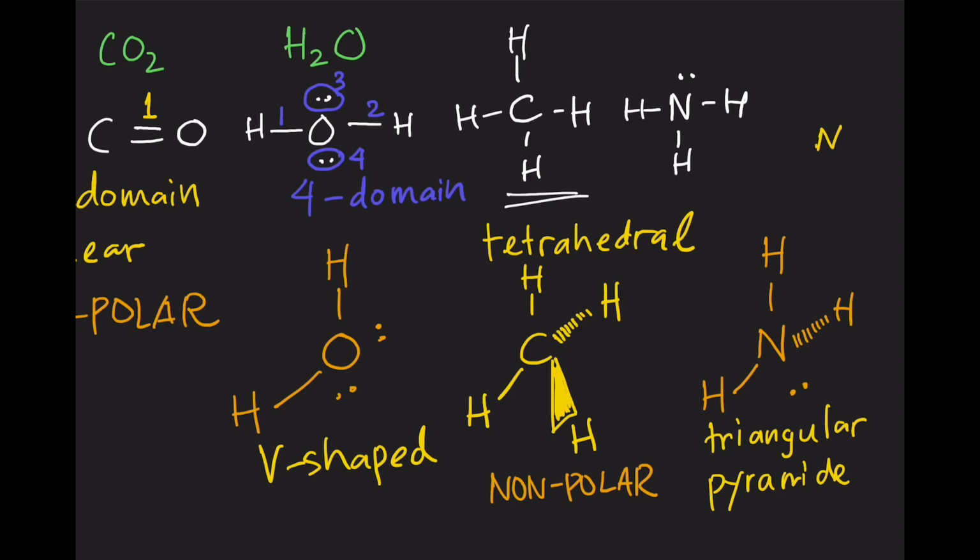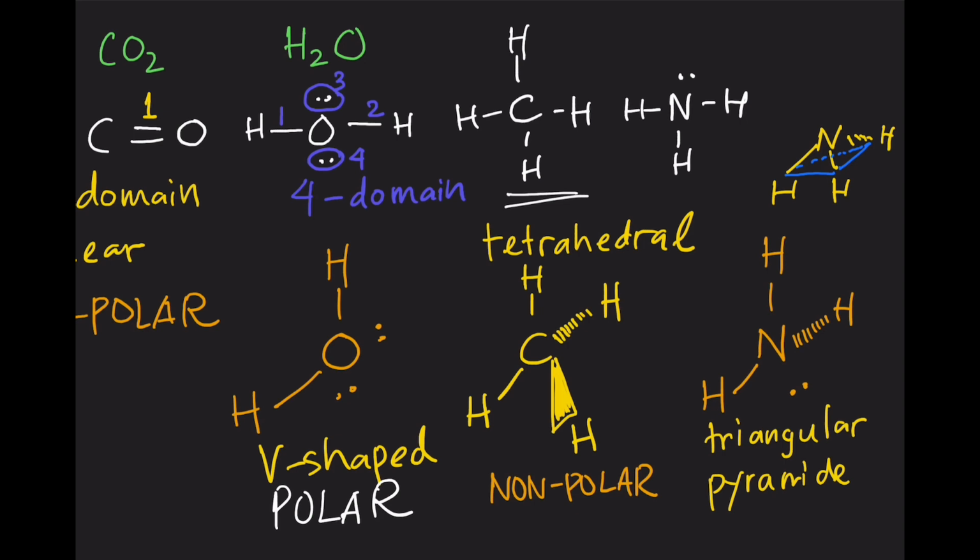We have N, H, H, and on the back H. So it looks like a pyramid formed by a triangle. In this case, we can see that the H2O structure is not symmetrical. It is V-shaped. Therefore, this non-symmetrical structure results in water being a polar molecule.